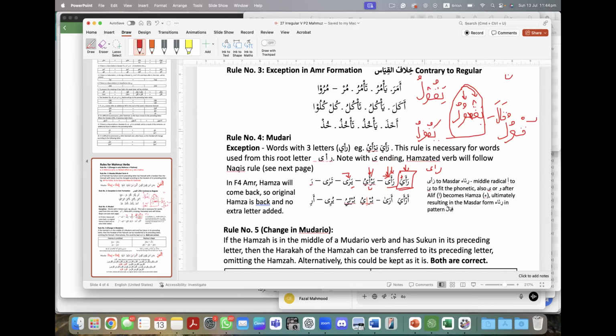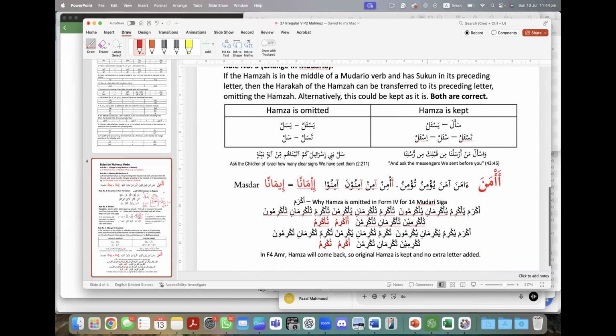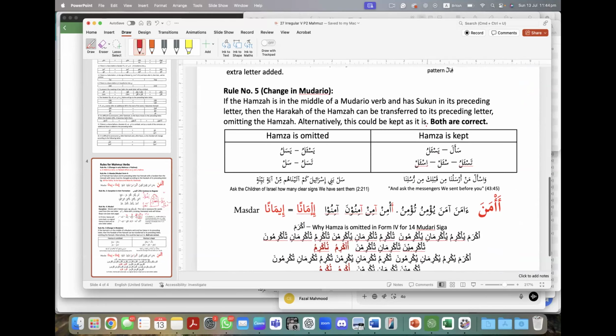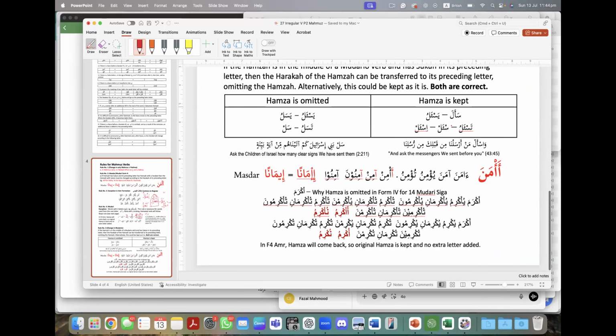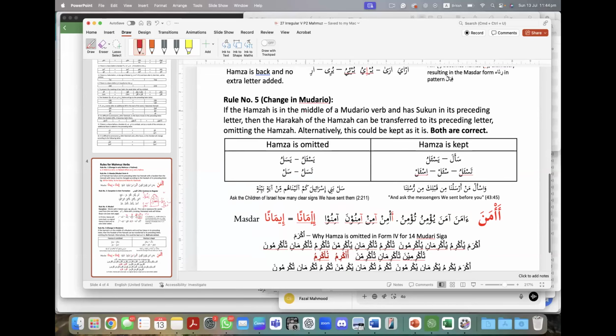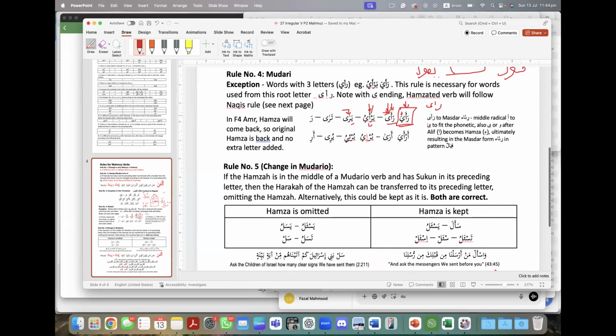Waw is not getting dropped. The shifting of the haraka is there, but the waw stays, while Hamza clearly gets dropped. There are a lot of examples here as well. Can you see here? Yes, Alu. Hamza dropped. Hamza is special. Sometimes there may be two explanations, but it's easy. If you follow this, inshallah, it should be okay.